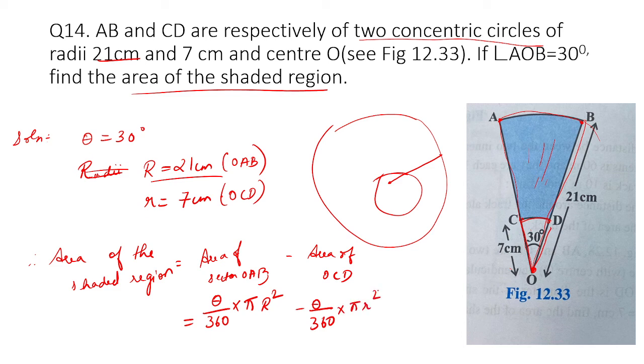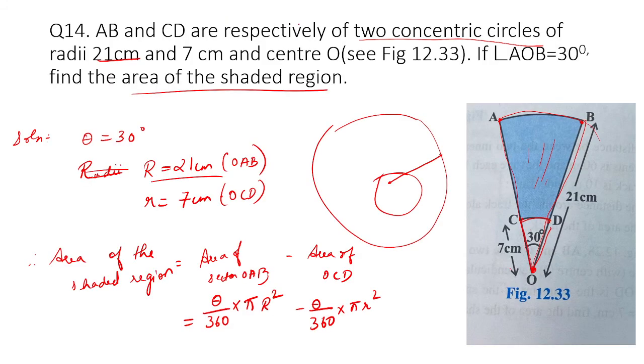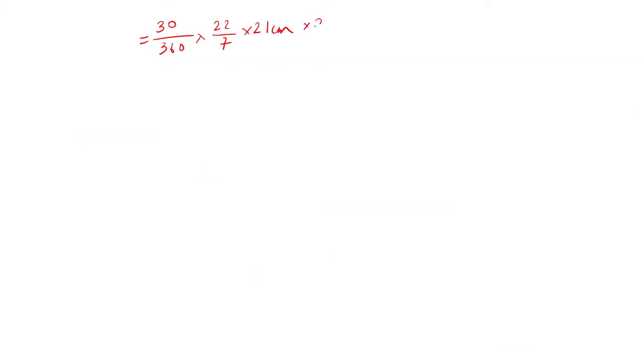The next step is replace theta by 30, 30 by 360 into 22 by 7, radius is given as 21 centimeter into 21 centimeter, minus 30 by 360 into 22 by 7, the smaller radius is given as 7 centimeter into 7 centimeter.